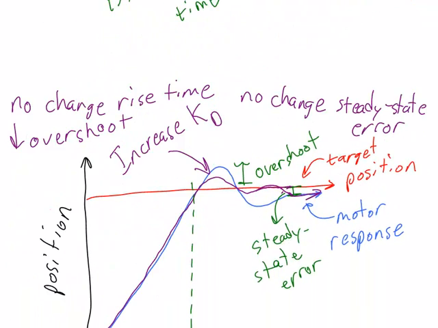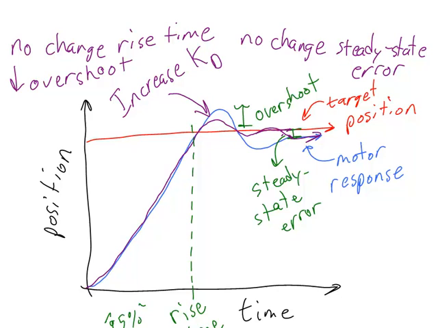When we add damping, when we add derivative control, the only significant effect is that we decrease the overshoot. So, with a combination of proportional and derivative control, we could combine them to achieve a desirable response.